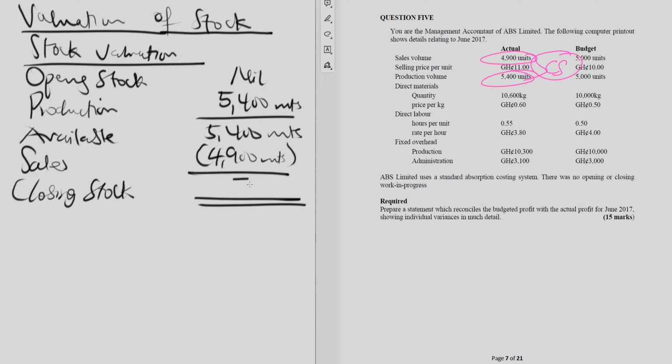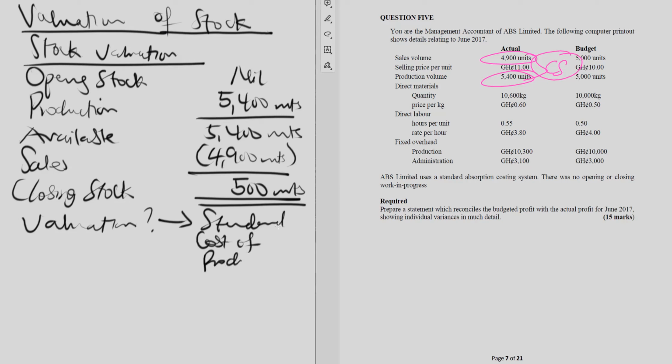So this gives us 500 units, which are left unsold at the end of the period. Now, these 500 units that are left, they need a value, right? What is their value? Every time we value stock, we always value it at the standard cost of production. Okay, we value this at the standard cost of production, which is very, very difficult to get.